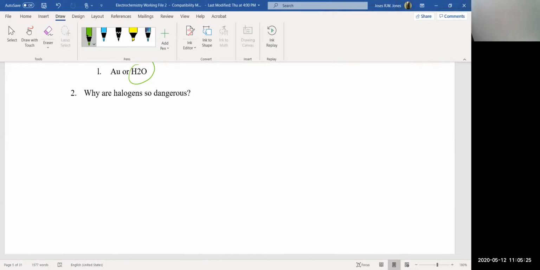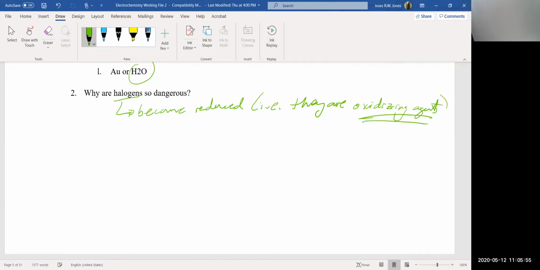Why are halogens so dangerous? Well, halogens themselves, F2, Cl2, Br2, become reduced, i.e., they are oxidizing agents, if they cause something else to be oxidized.